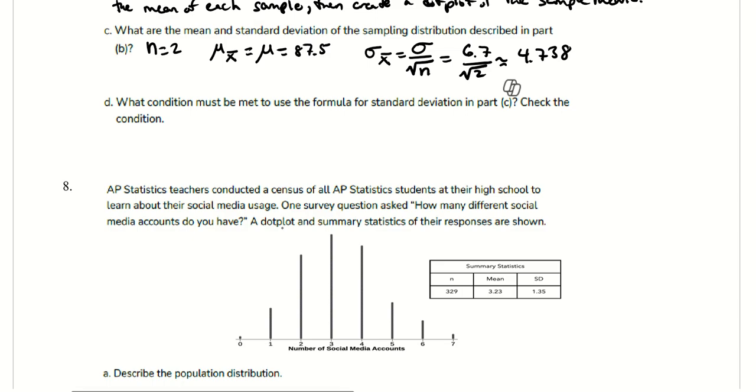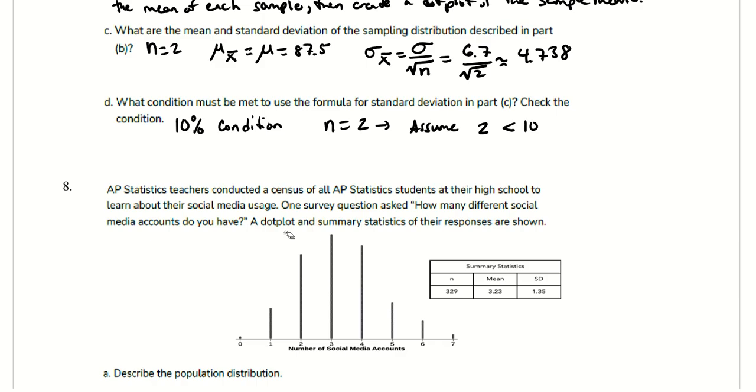All right, so part D: what condition must be met to use the formula for the standard deviation in part C? This is what I was saying. It's the 10% condition, and they want you to check the condition. Well, the sample size is 2, and we know the population, so let's actually calculate that.